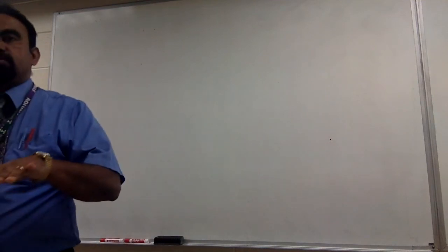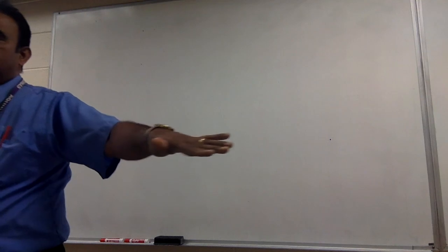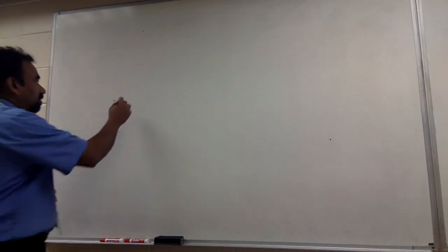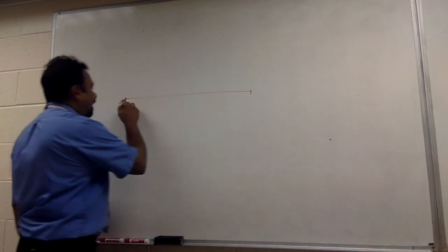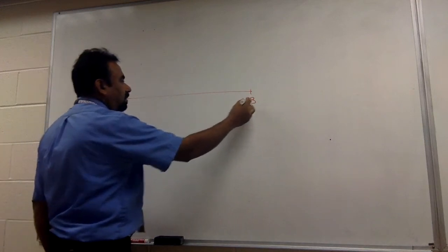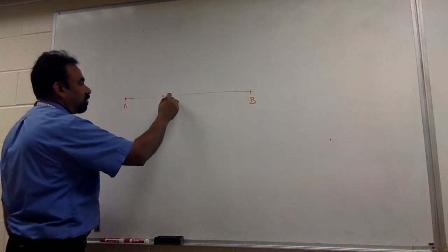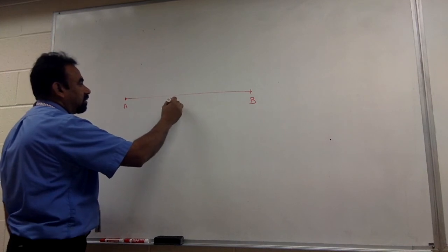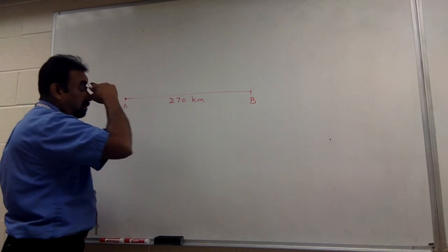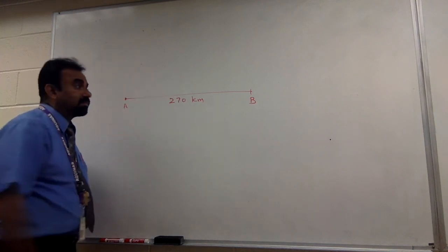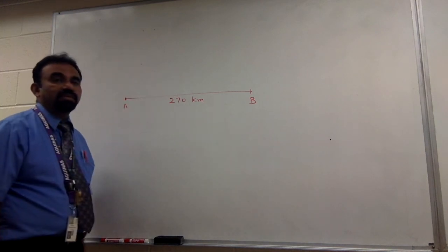Now, looking into some problems which are actually on the horizontal side. Let's say you traveled from city A to city B. You traveled, and let's say you went through a distance of 270 kilometers, and you took a time to travel 270 kilometers.